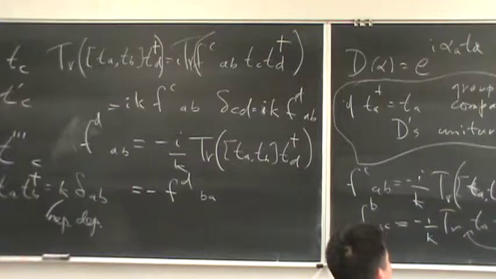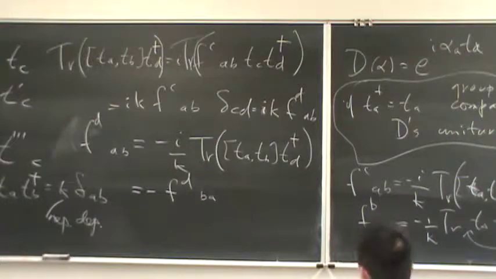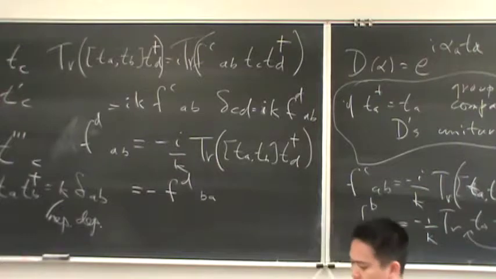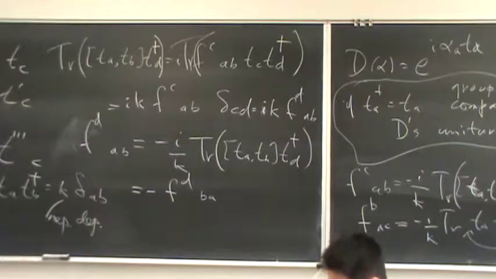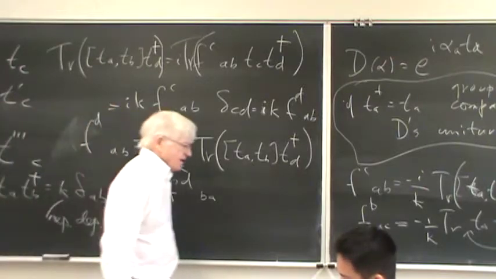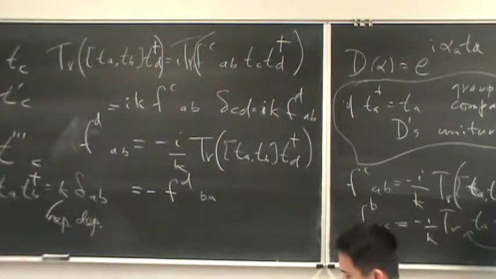Because if the thing is very close to the identity, then it's I times something real times a generator, sum of the generators. So right there, it looks as though those are real. All right, I'm going to leave that aside. I will think about that before class next time.